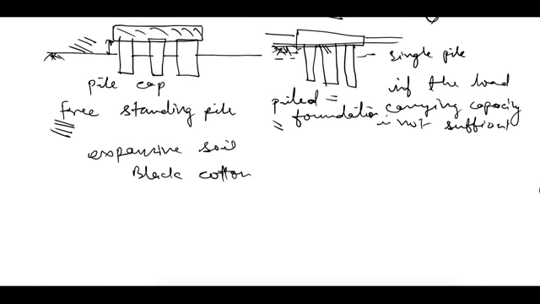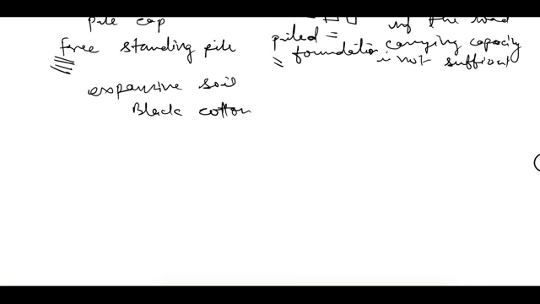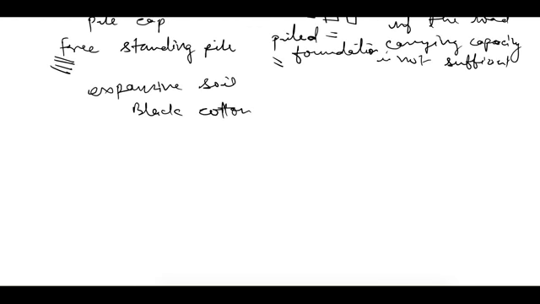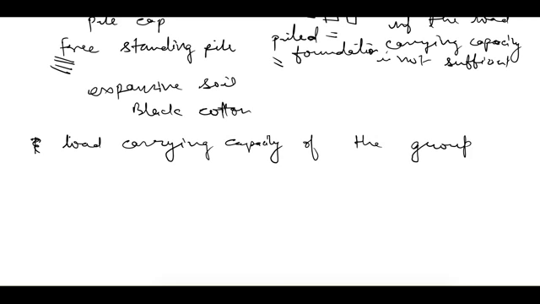So now we have understood that we need to use a pile group in certain cases or in most of the cases. Then the next question is, what is the load carrying capacity of the pile group? Let's say the load carrying capacity of the pile group is given the name QUG.